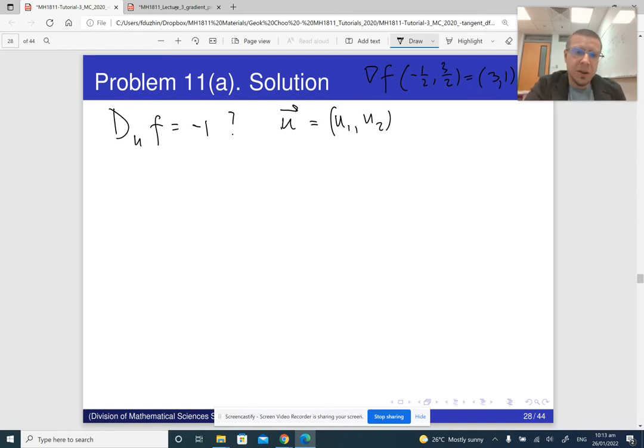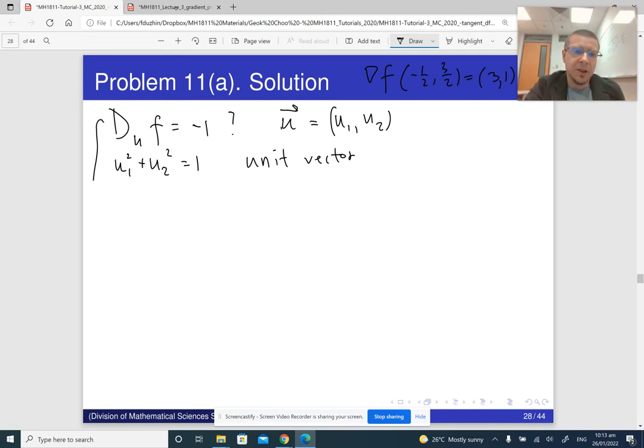Right, so then there are two conditions. The first condition is that it should be a unit vector, so u1 squared plus u2 squared should be 1, since it is a unit vector. And the second condition tells us that the dot product of our vector u with the gradient vector should be negative 1.